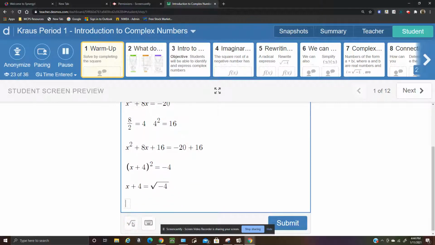Have a negative under the radical, then you need to pull an i out. So x plus 4 equals, this should be plus or minus here.